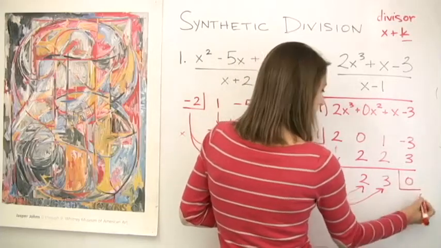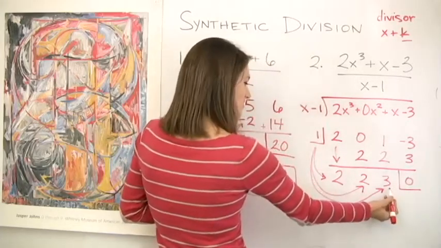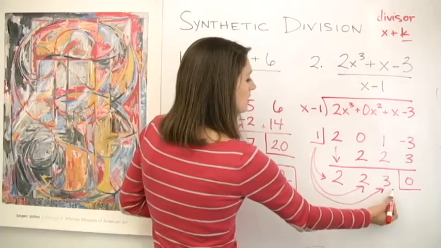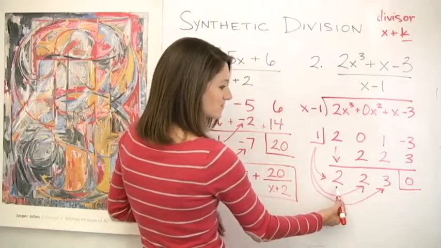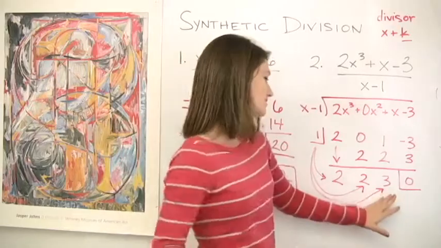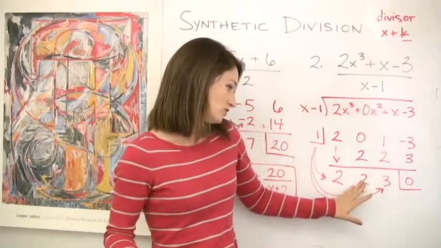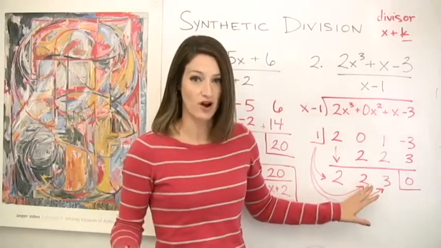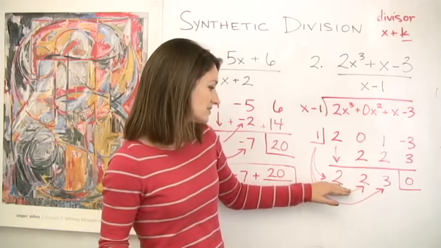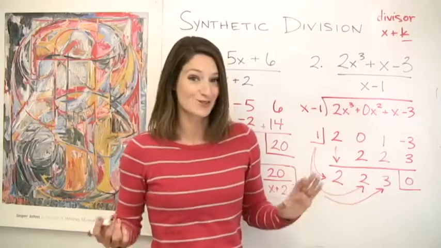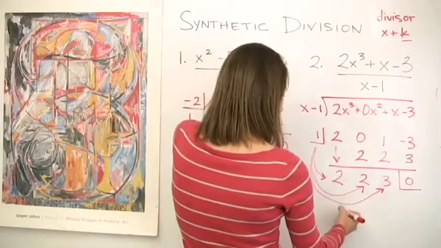So we have a remainder of 0, and then these are the coefficients for the terms in our answer. So the 3 is our constant term, the first 2 here is for our x term, and then this second 2 goes with our x squared term. So our answer looks like this.